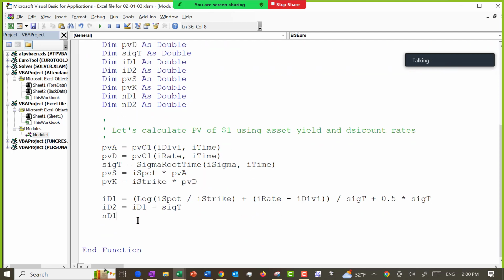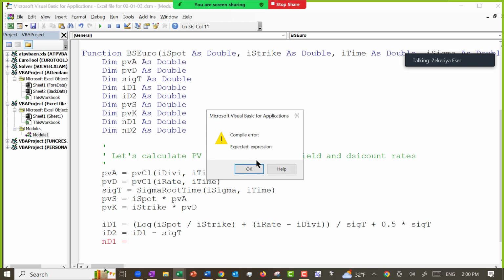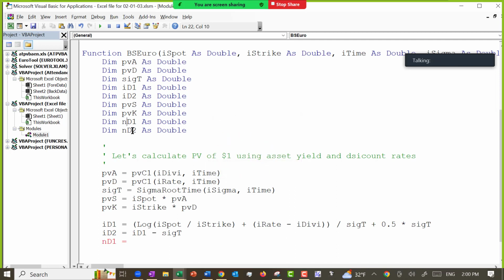And D1 equals, actually, let's call these CD1 and CD2 for cumulative. Normal CDF. ID1.